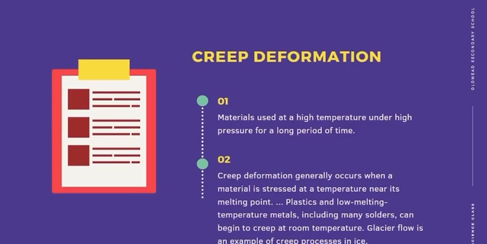Plastics and low melting temperature materials, which include many solders, begin to creep at room temperature. So we can say that glacier flow is an example of a creep process in ice. So it just differs upon putting it in heat or cooling it down. It depends upon that one.